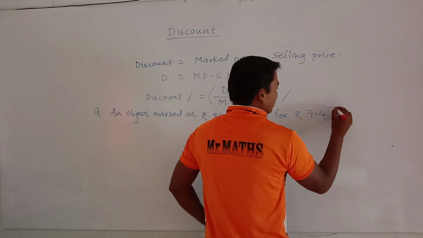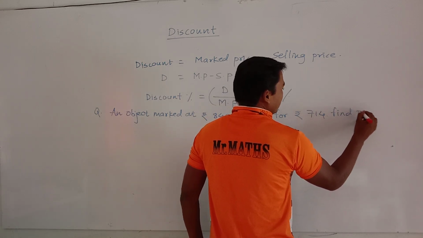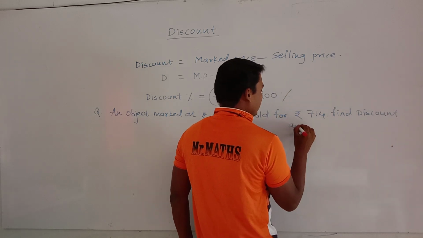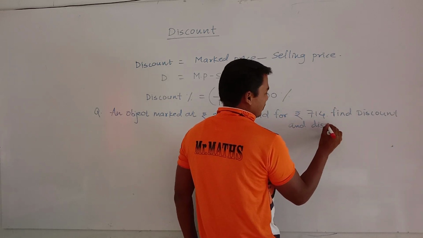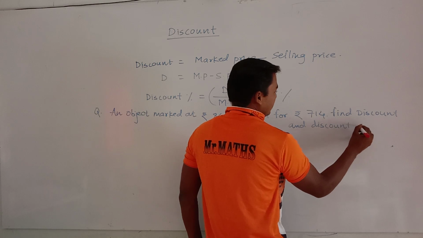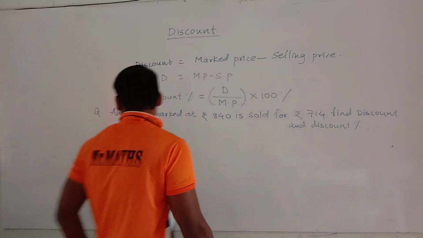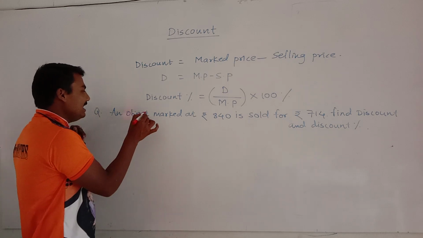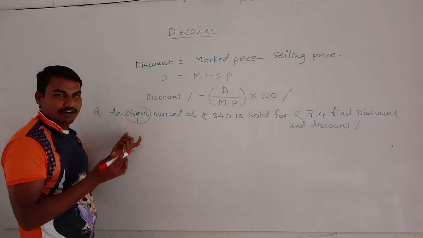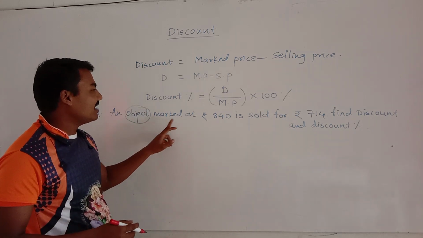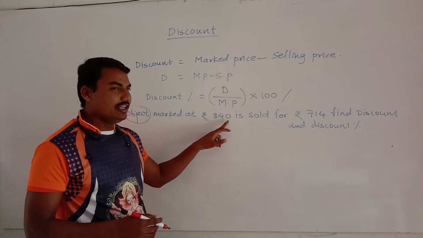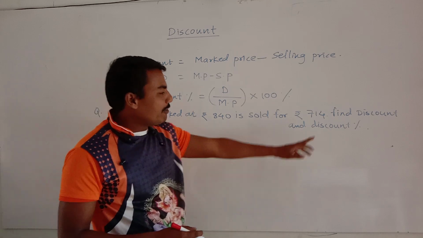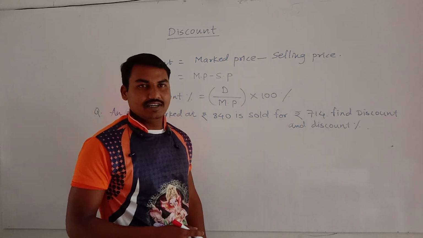Find discount and discount percent. Okay. Question is, an object from a shop, marked at rupees 840, is sold for rupees 714. So find its discount and discount percent.